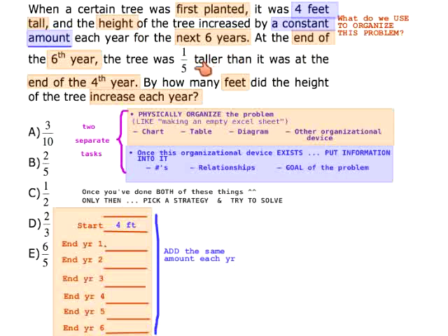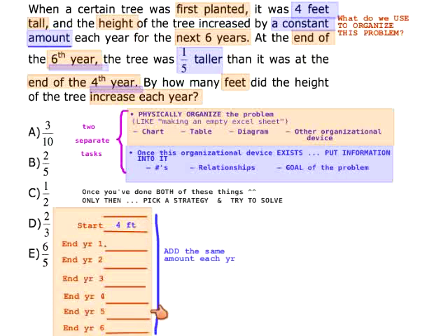Sometimes people hesitate with this, but what is the only thing that this could really mean? It says 1/5 taller, which is sort of weird the way they wrote that. But that's clearly not 1/5 of a foot taller, because the smallest number in the choices is 3/10 of a foot every single year.